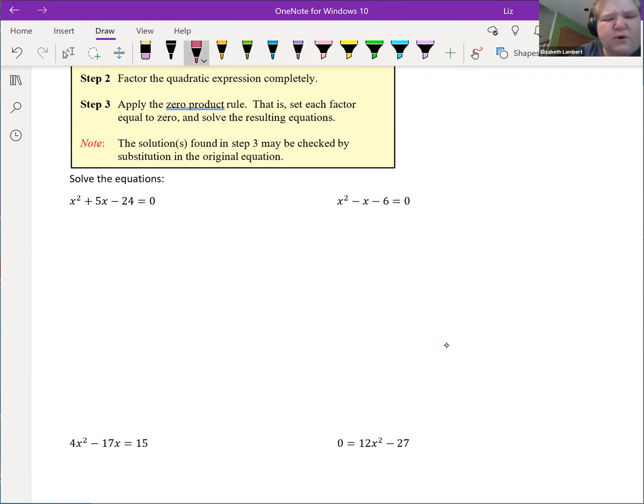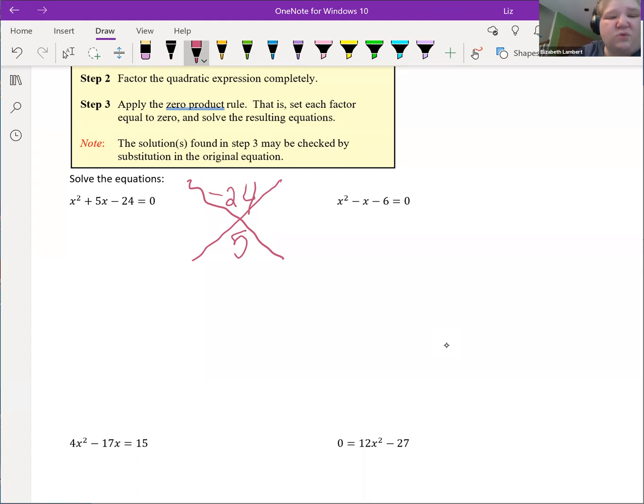So our first one here, x squared plus 5x minus 24. Since the a is 1, I'm looking for a pair of numbers that multiply to negative 24 and add to 5. I saw quite a few of you using the X method. For those of y'all who haven't seen it, that's what they multiply to on top, and what they have to add to on the bottom. Then you just have to find the pair that works. So 2 and 12 is going to give me 10 or negative 10. Closer together, 3 and 8.